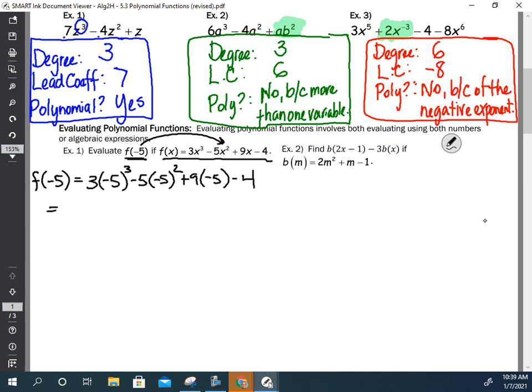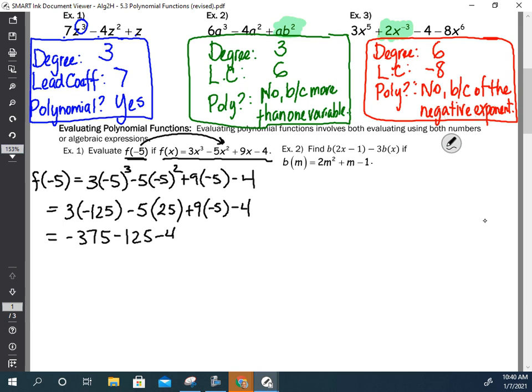So this is nothing more than order of operations. So 3 times -125, 5 times 25, 9 times -5 minus 4. -375 minus 125 minus 45 minus 4. So you should get -549.